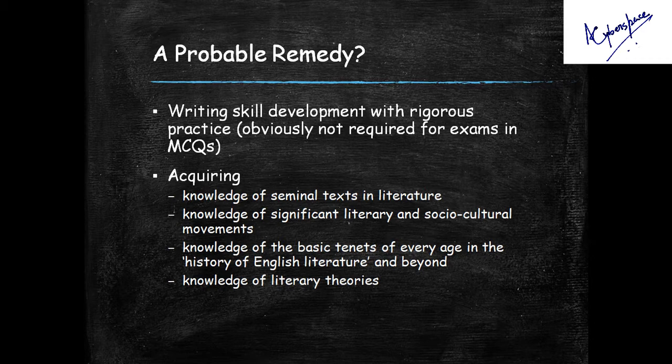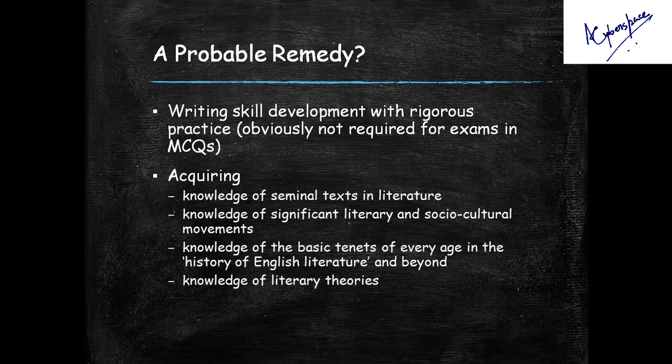Especially if you think of the MA entrance test these days, they also focus on the literature produced in non-English countries, like the African countries or the Asian countries. So that's why you have to go beyond. And knowledge of literary theories is also very, very essential.